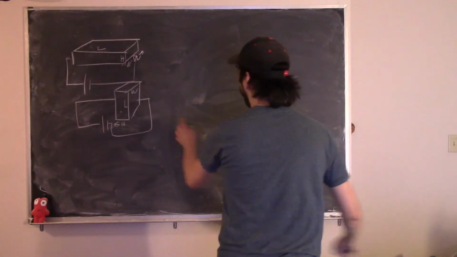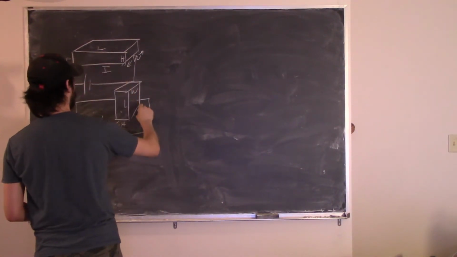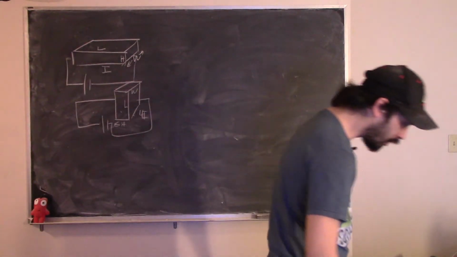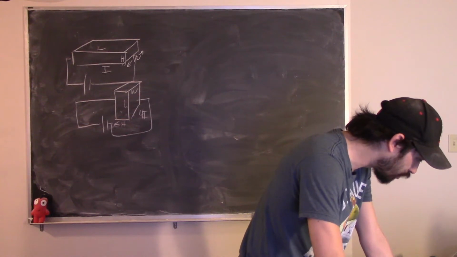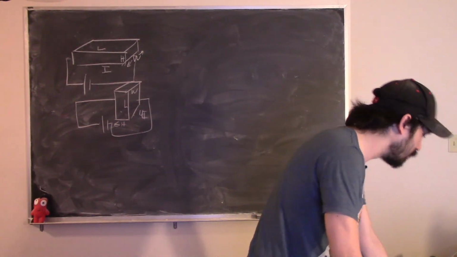The current I have here, we can say this is some current I. This has 4 times the current, this has 4I. What we want to do is evaluate the relationship between L, H, and W.